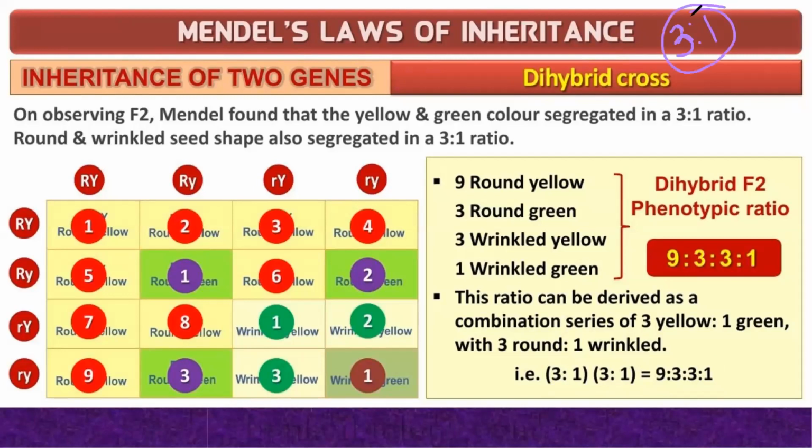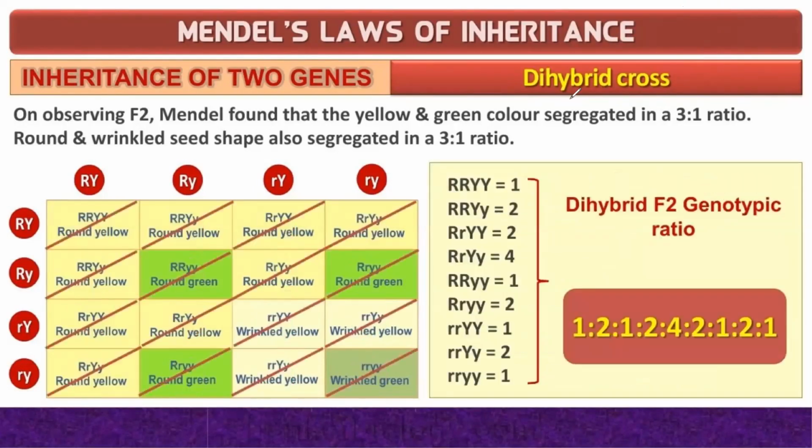Only the thing is we are using two characteristics. If we denote the first characteristic, round and wrinkle, the ratio is 3:1. Yellow and green, the ratio is 3:1. Then both are multiplied. And finally, we are getting the result that is 9:3:3:1. So these are the ratios that we have to remember.